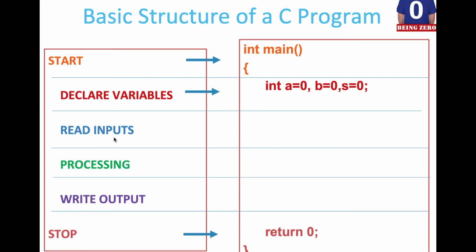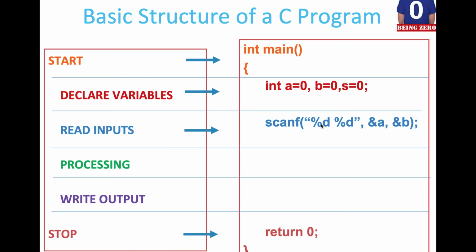Next, we have to read inputs. In a C program, if we want to read two numbers into two variables, a and b, we will use a syntax called scanf. %d stands for decimal, because those numbers are from the decimal number system. So this is for decimal integers. Then we write ampersand a, ampersand b.